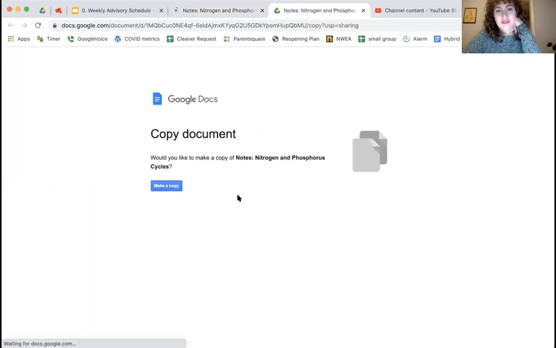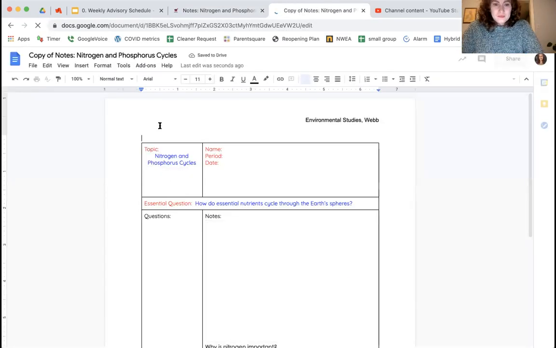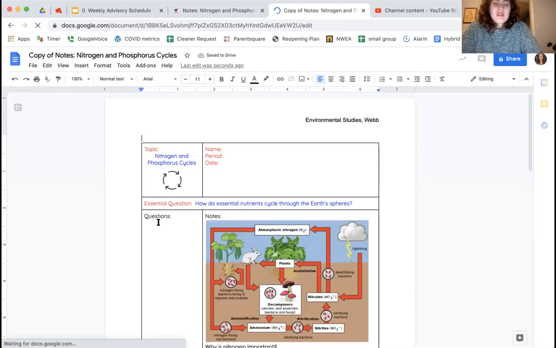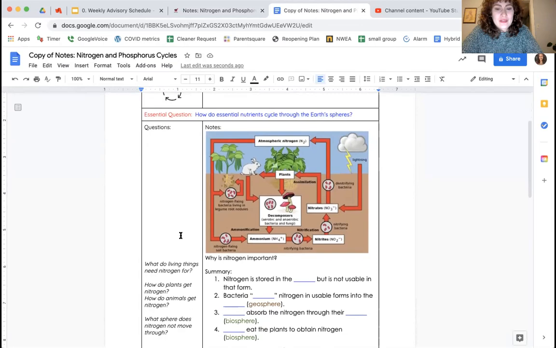Click the link for notes 5 and make a copy. So here we have nitrogen and phosphorus cycles. In this set of notes, we're gonna answer the question, how do essential nutrients cycle through the Earth's spheres?